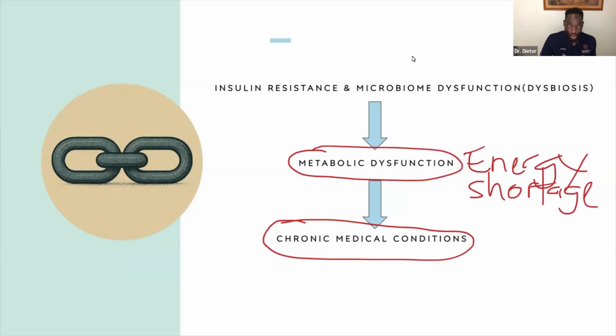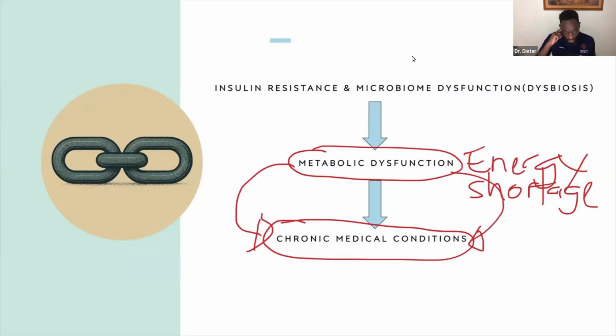There is now more evidence that the diseases that face us in modern day society, the high blood pressure, the PCOS, the diabetes, the cancer, the sleep apnea, the gout, you name any of those chronic diseases, are a result of an energy shortage. That energy shortage then results in the chronic diseases that plague us.